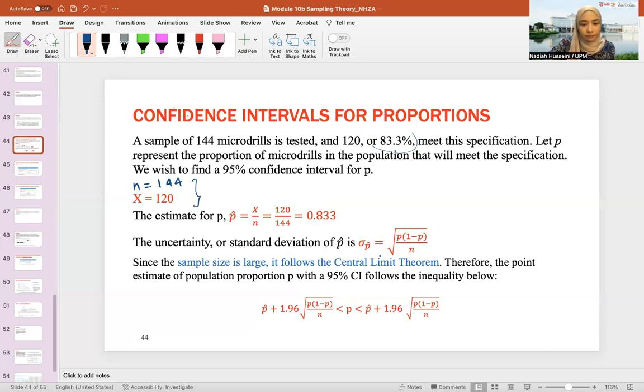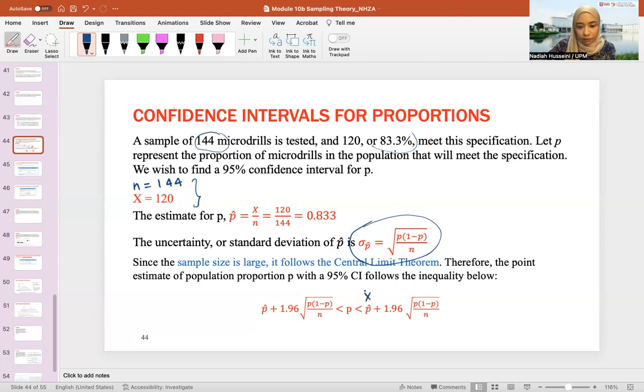Since the sample size is large, it follows the central limit theorem. Therefore, because our sample size is 144, the point estimate of the population proportion P with a 95% confidence interval follows the inequality below. So P is less than P hat plus 1.96 times this guy, because this guy is our standard deviation for the P hat.